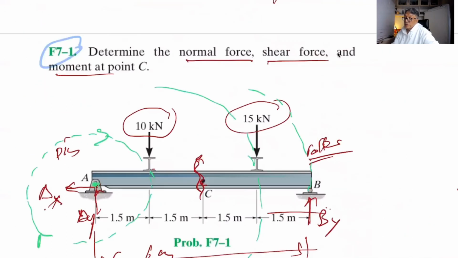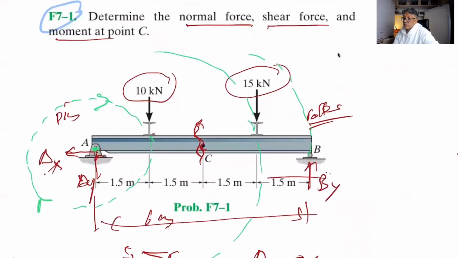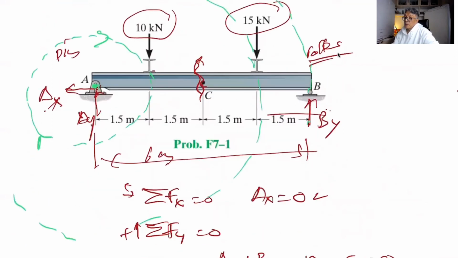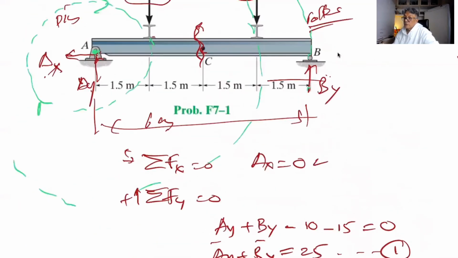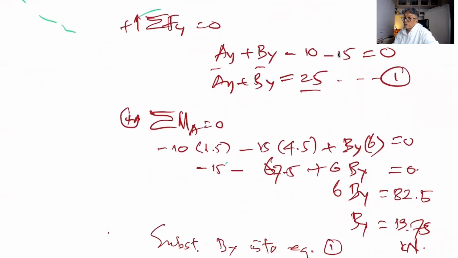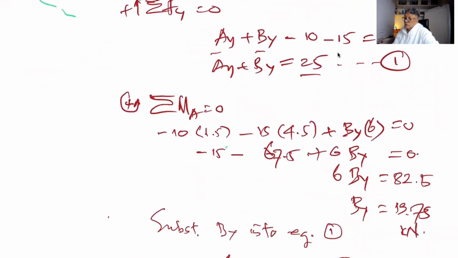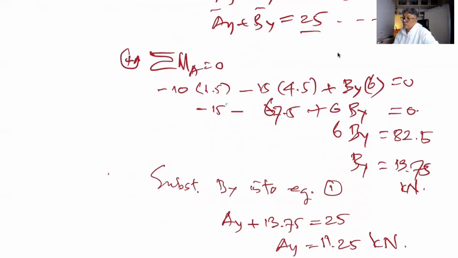Yeah, 6, right? 6 BY. So the lever arm is 6. We calculate that and we find that BY is 13.75 kilonewton.